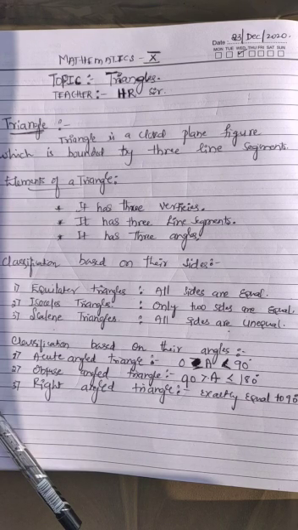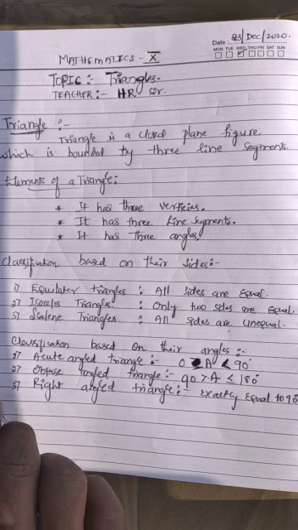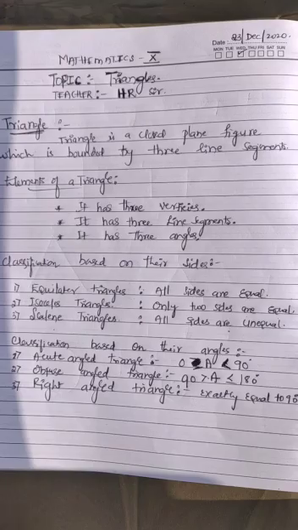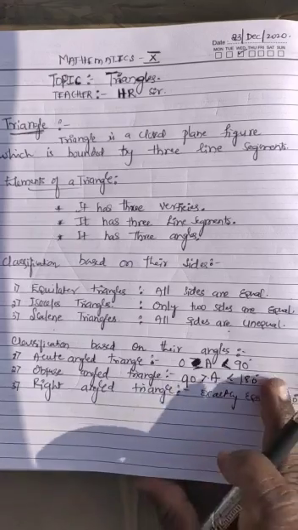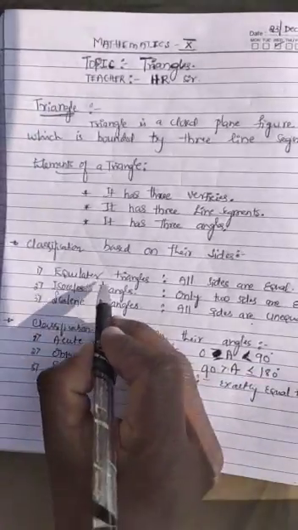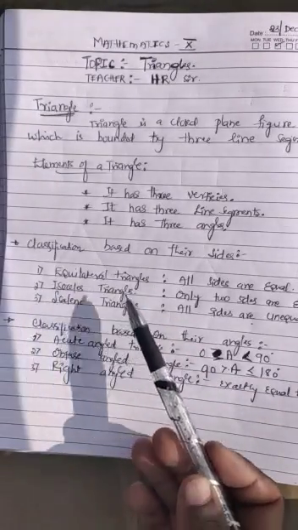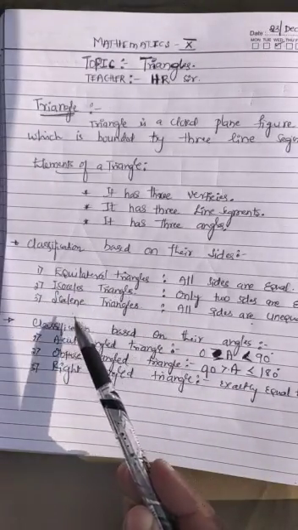A triangle is a closed plane figure which is bounded by three line segments. Elements of a triangle: it has three vertices, three line segments, and three angles, right? Classification based on their sides: equilateral triangle, isosceles triangle, and scalene triangle.